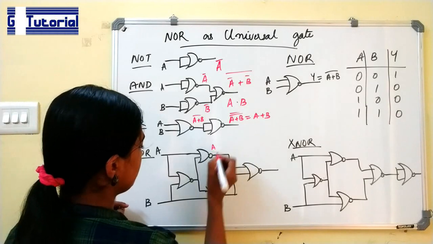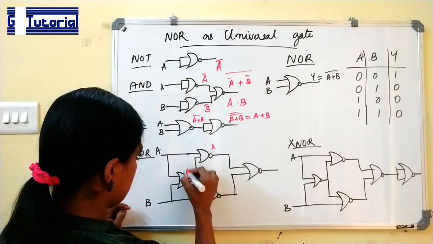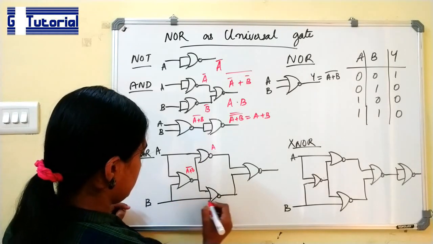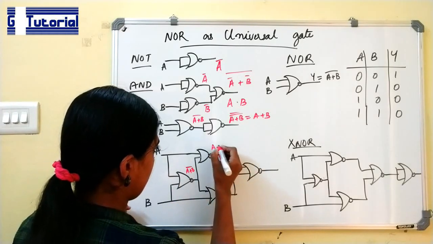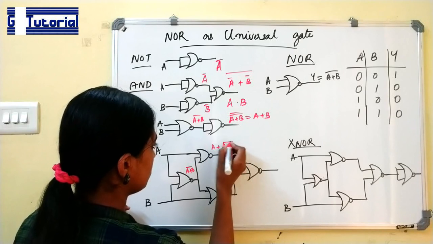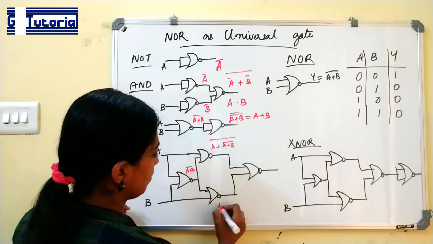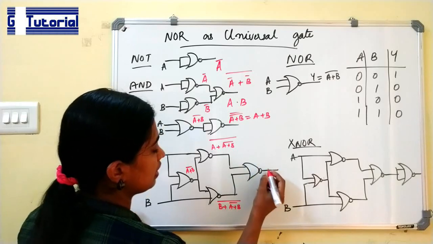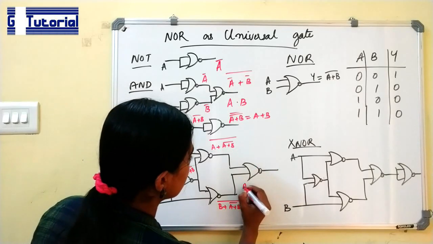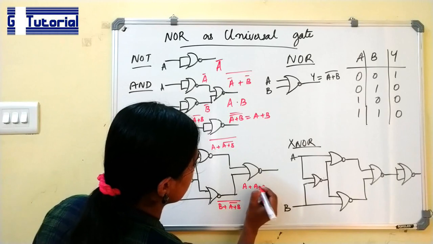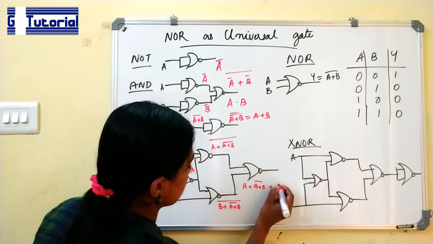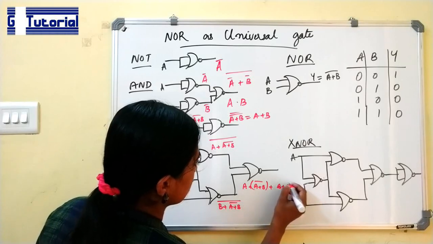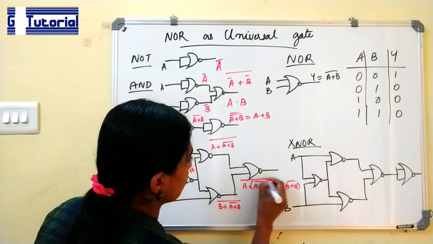Here we will be getting (A plus B) the whole bar. (A plus B) the whole bar is provided, and B plus (A plus B) the whole bar is fed to this gate, and we will get A plus (A plus B) the whole bar.